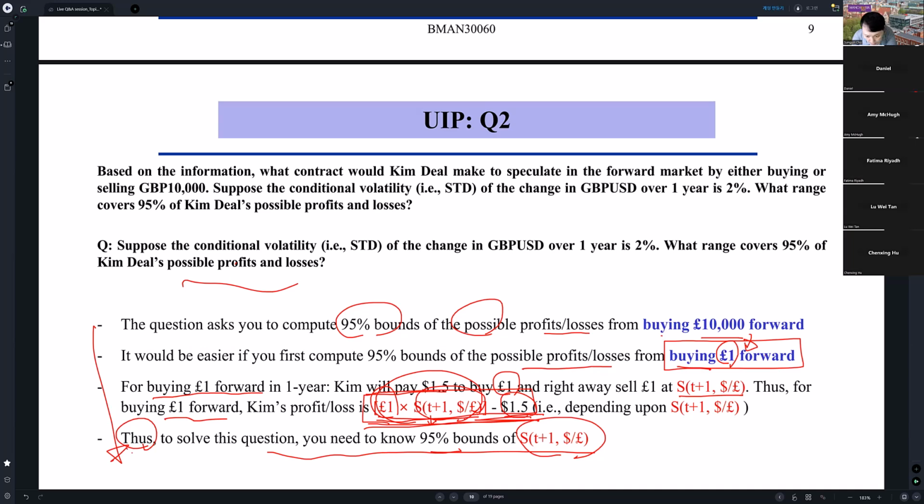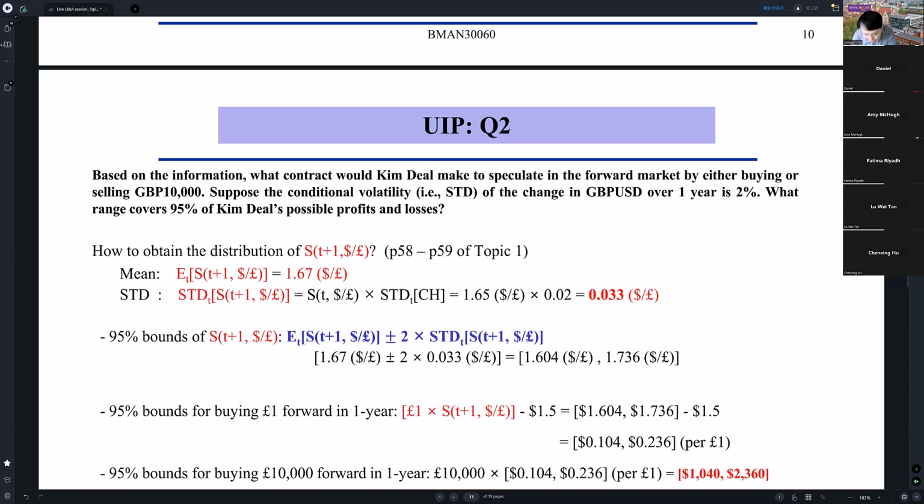First, we get the 95% bound of this one, and then get the 95% bound of buying 1 pound forward by plugging the 95% bound into this. Then we multiply the bound by 10,000 to get the final answer. I'm following exactly the same steps I did for question one. And this was one of the final exam questions a few years ago.